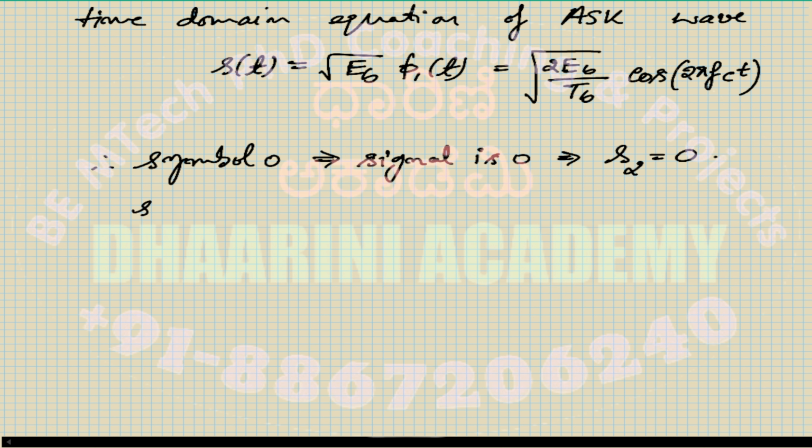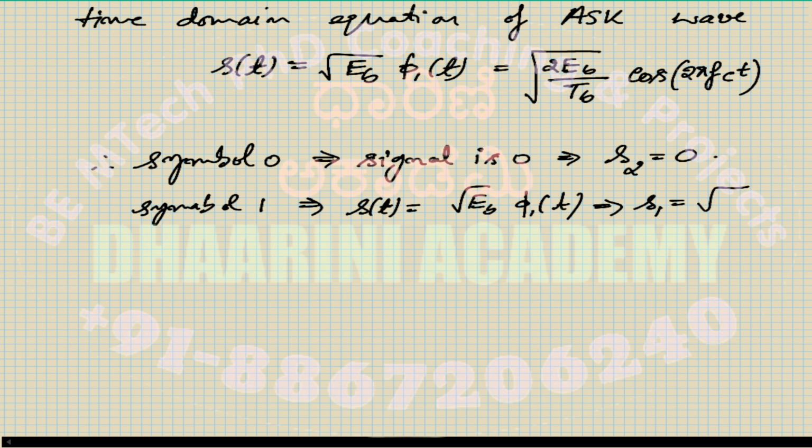So if at all you are sending symbol 1, right? What is the signal you are sending? Signal is S of t is equal to root of EB times phi 1 of t. This means the coordinate of S1 is root EB, right, in one-dimensional space.